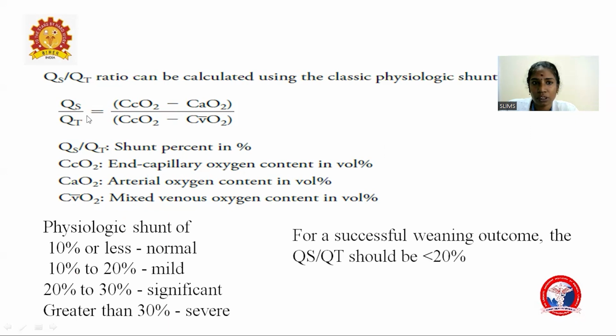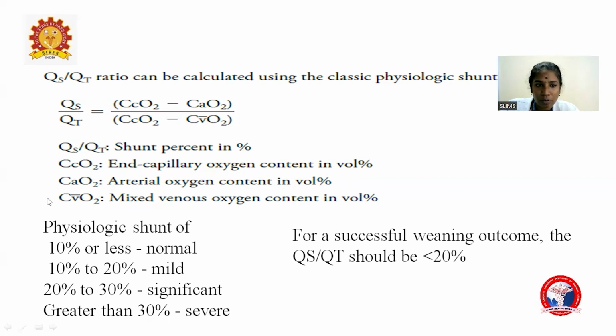QS by QT equals end-capillary oxygen content in volume percentage minus arterial oxygen content in volume percentage, divided by end-capillary oxygen content in volume percentage minus mixed venous oxygen content in volume percentage. So this is the classical physiological shunt.